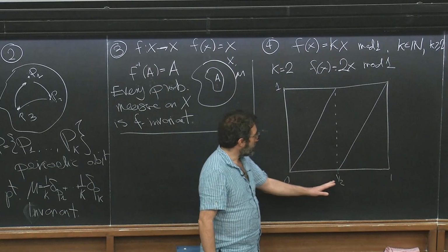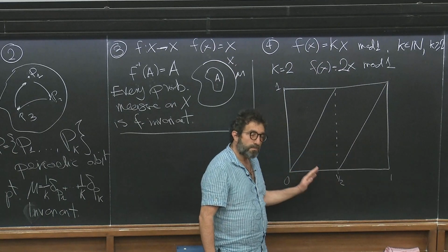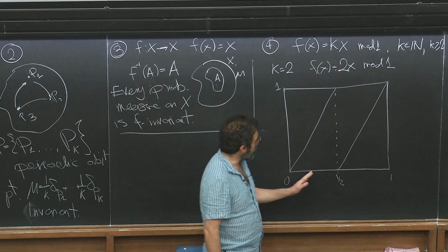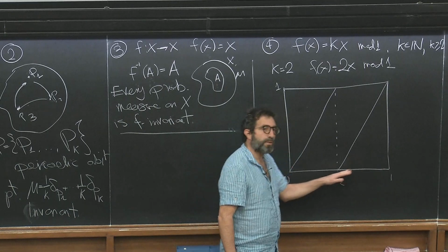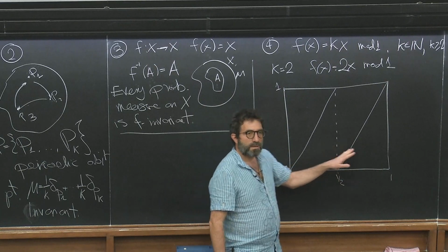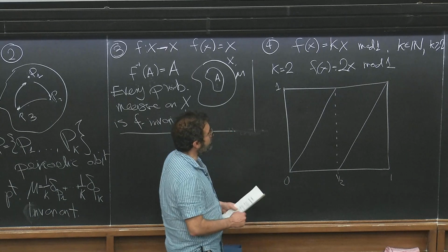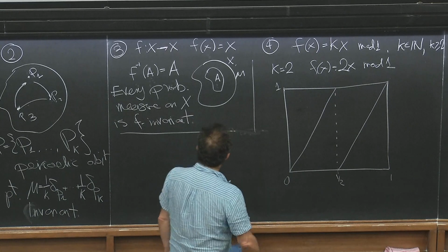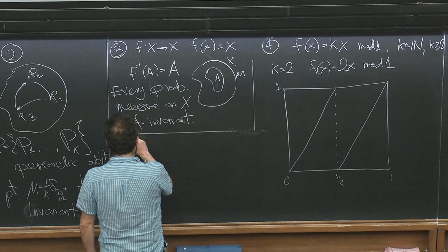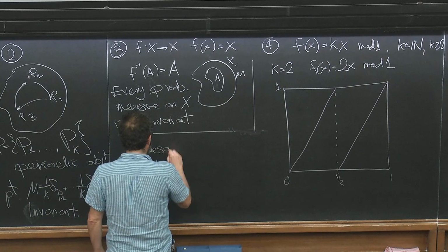We know that this map has a dense set of periodic orbits. Remember, we looked at this class of examples. So there are lots and lots of periodic points here, and on each of these periodic orbits, we have an invariant measure. But also, we will show that Lebesgue measure is also invariant for this map.